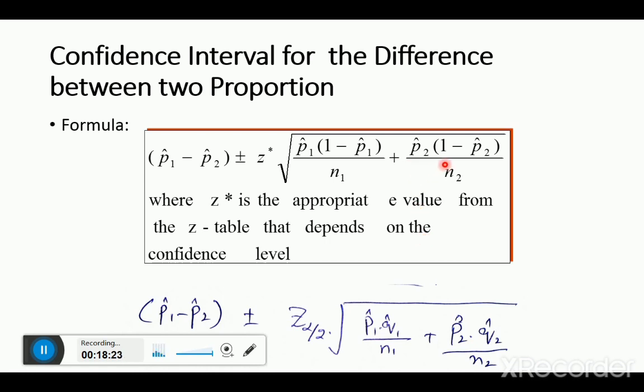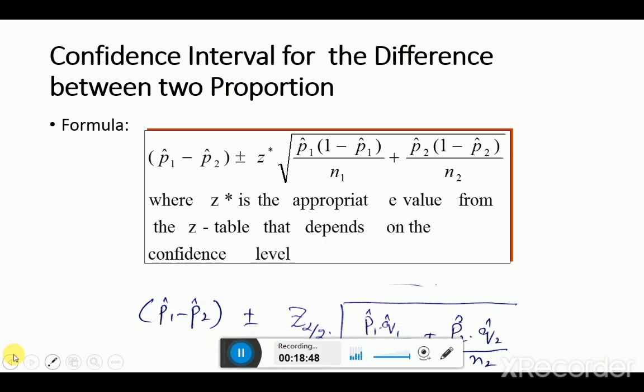Or we can write it as p cap 2 into 1 minus p cap 2 divided by n2. 1 minus p cap 2 is the same thing as q cap 2. In most books the formula is written like this, and students often get confused. 1 minus p cap 1 is simply q1, and here it is simply q2. Hope, inshallah, the idea will be clear.